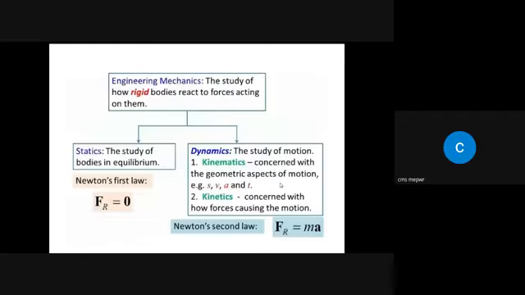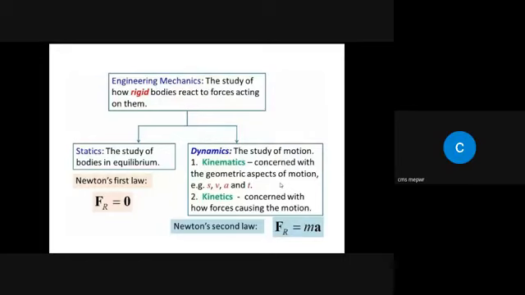You already know what engineering mechanics is. We have discussed it in much detail in our previous semester as well as in our previous classes, but still, let's revise it. It is the study of how rigid bodies react to forces acting on them. That is known as engineering mechanics, the branch of engineering in which we study the behavior of rigid bodies when forces act on them.